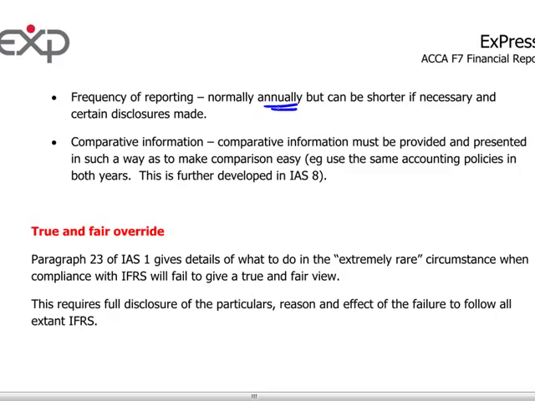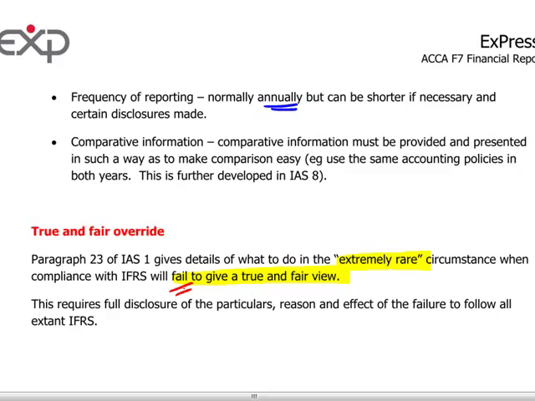The standard talks about the true and fair view override also, okay, but acknowledges the fact that it is extremely rare that there are circumstances in which I should depart from the requirements of an IFRS, because if I follow the IFRS strictly, that information presented in the financial statements will fail to give a true and fair view of the financial position and performance of the company.